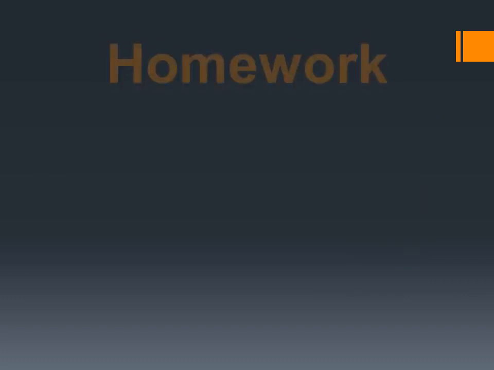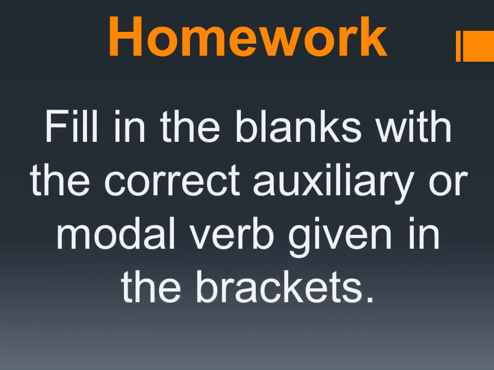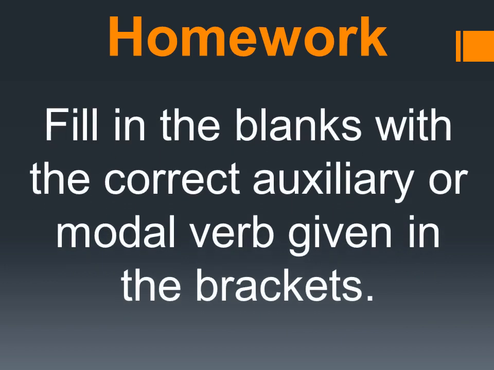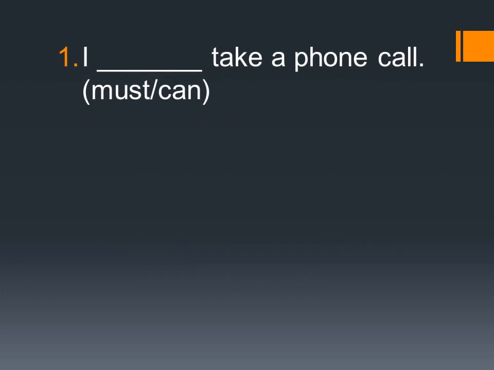Now, it's time to assign you homework. Fill in the blanks with the correct auxiliary or modal verb given in the brackets. Number 1. I dash take a phone call. You need to fill in the blank with one of the two words, must or can, which are given in the bracket.